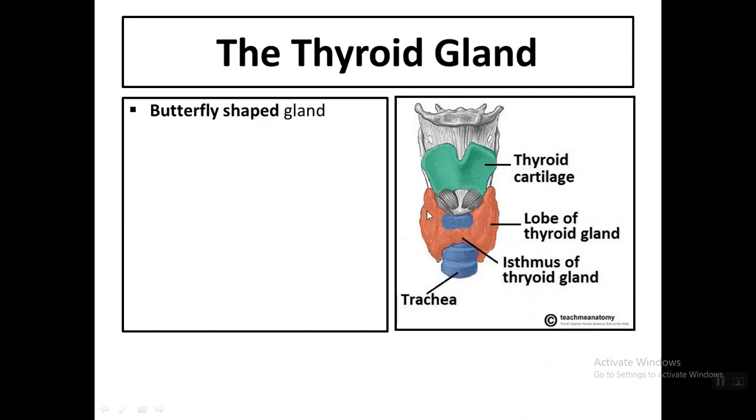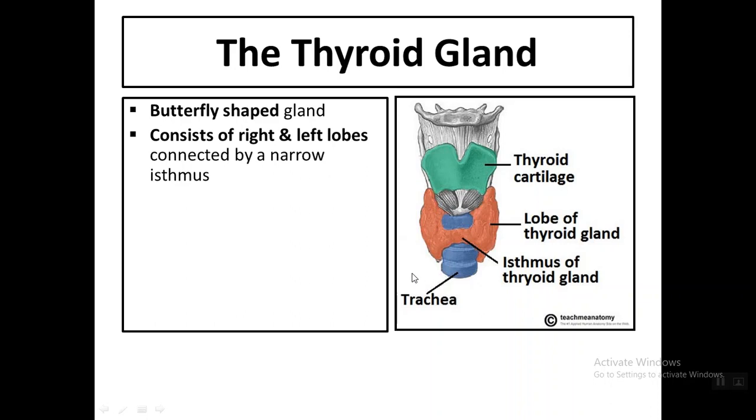The thyroid gland is a butterfly-shaped gland، يعني شكلها مثل الفراشة. It consists of right and left lobes connected by a narrow midline isthmus. This is the isthmus that connects the two right and left lobes.